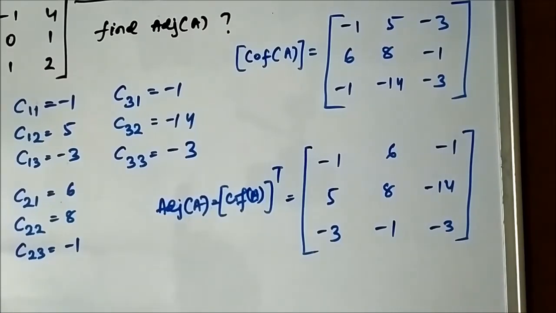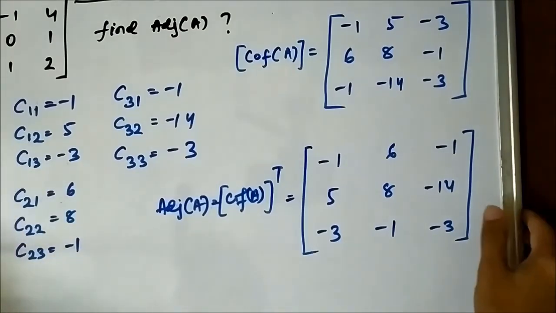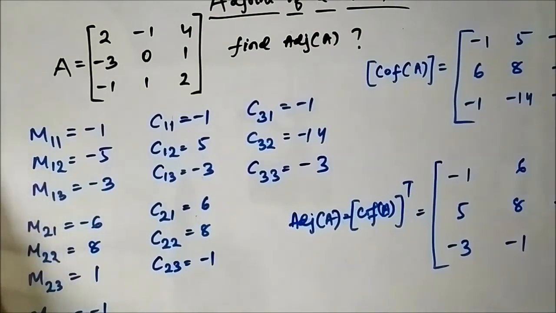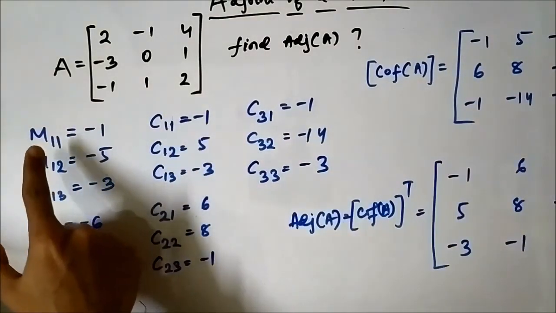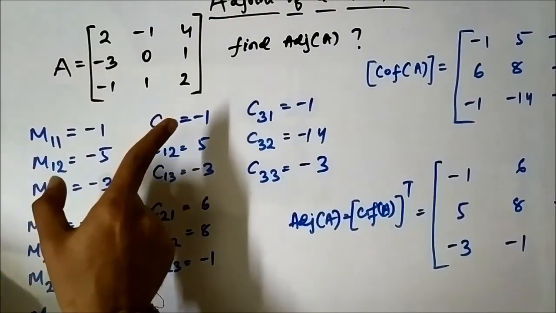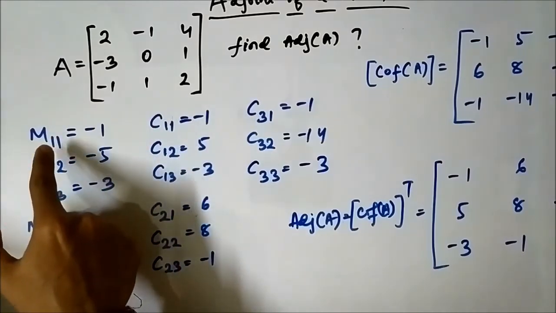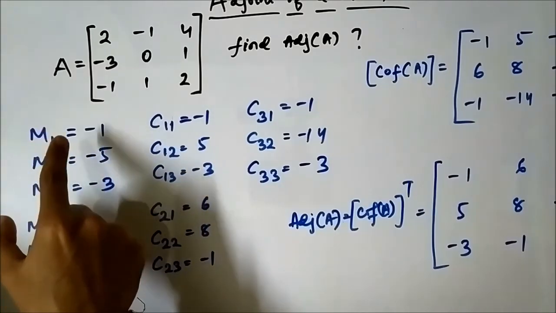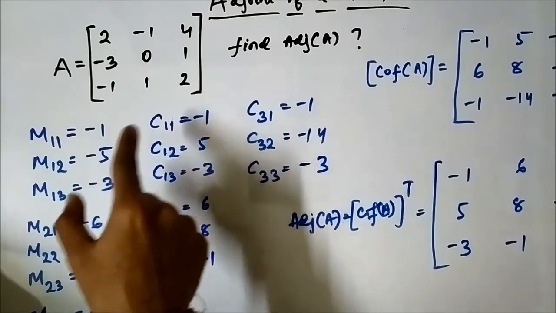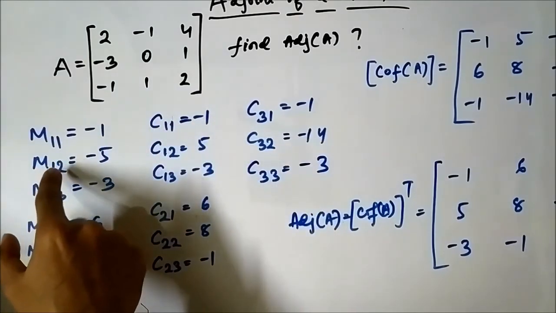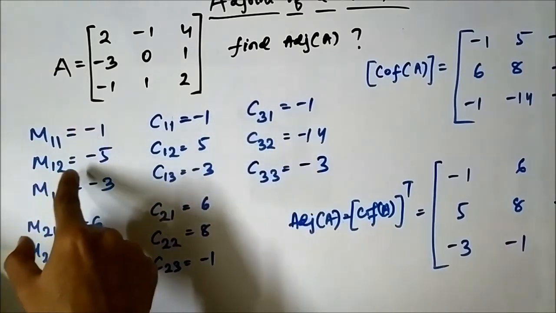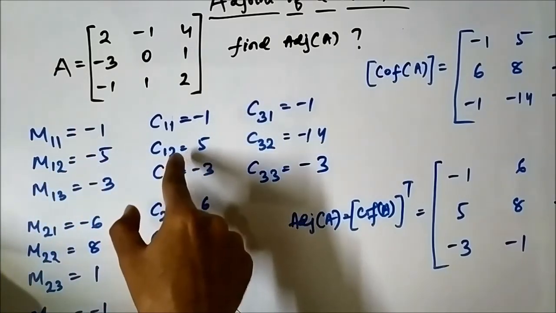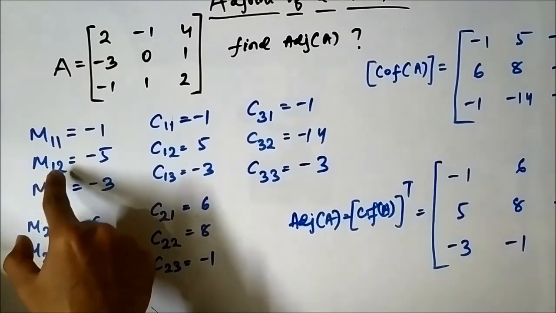It's a bit lengthy because the number of elements present is more. So one trick which you can use here: we can directly calculate the cofactor from the minor. In cases where the sum of i plus j, the ith row and jth column, is even, the minor is equal to the cofactor, and where the sum is odd, the cofactor is minus 1 into the minor.